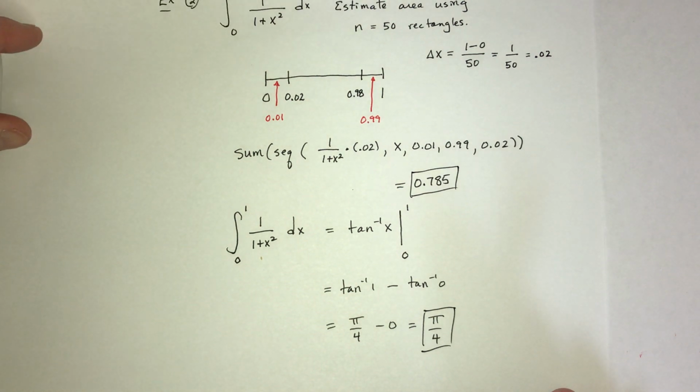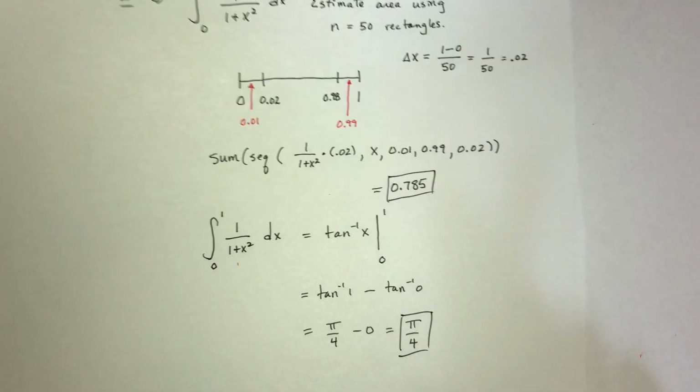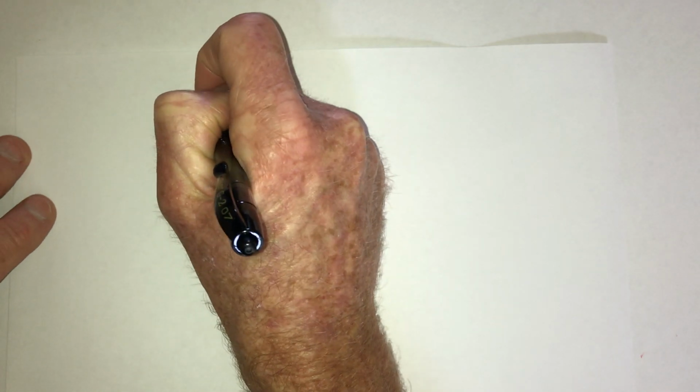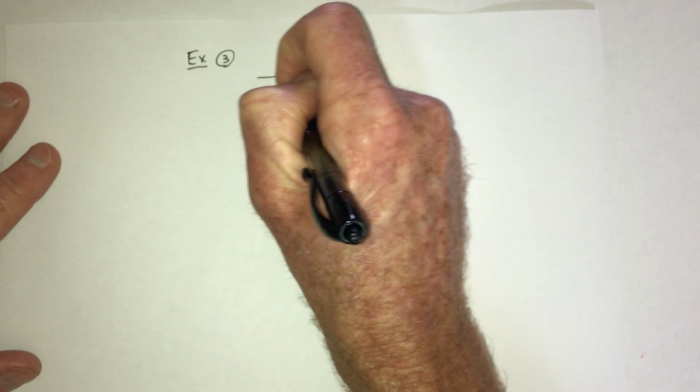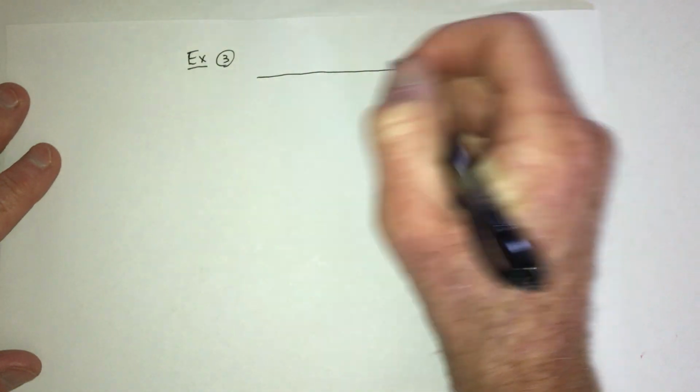Now, if it was up to me, we would be done with this section, but I need to do one more because of the way they ask questions in the homework. So for example, number 3, they have a few that are like this. So instead of giving you an explicit function like 1 over 1 plus x squared, they say, here is what we know about the function.